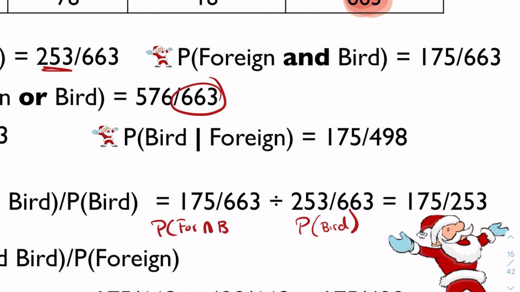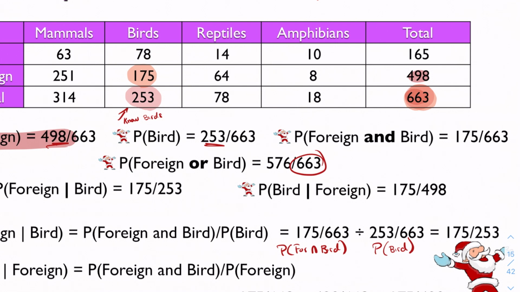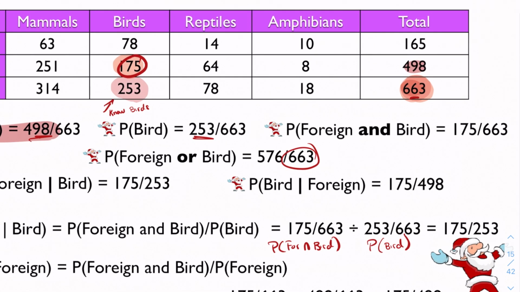And that's this formula: we're looking at the more specific probability, 175 over 663, divided by the probability of being just a bird, or knowing that. What's the likelihood that that is the case? 253 over 663.